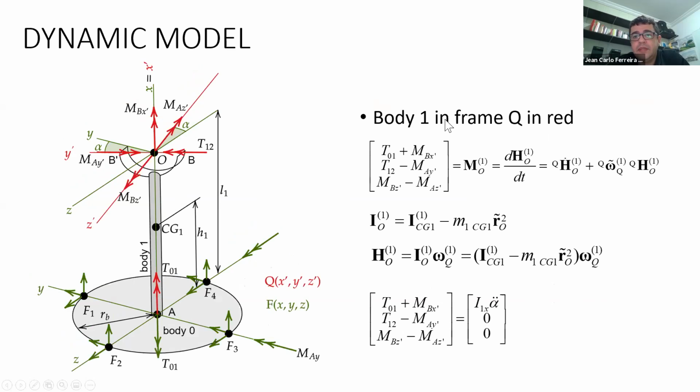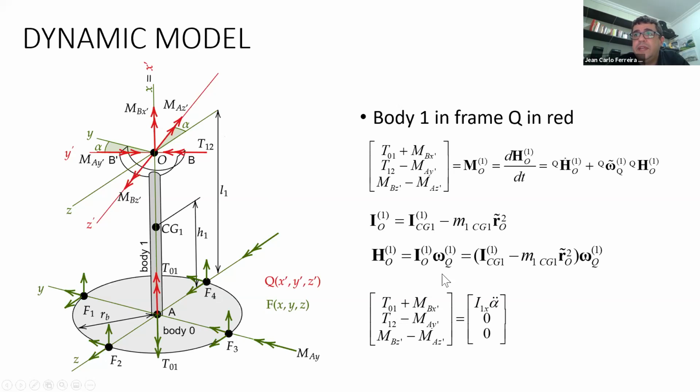For body 1, we can apply the Newton-Euler law, the direct method, at point O. Body 1 is in frame Q, and we can write this: the balance of the moment equals the derivative of the angular momentum. We also need to use the parallel axis theorem, or Steiner theorem.